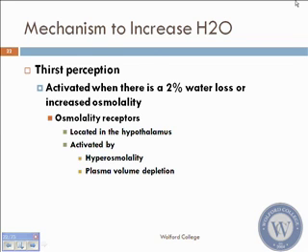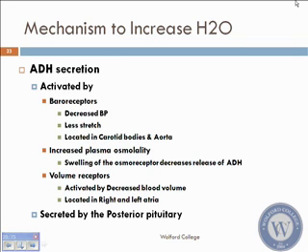These osmolality receptors are found in the hypothalamus, and they're activated by hyperosmolar changes or plasma volume depletion. As for your ADH secretion, it's activated by baroreceptors, as well as by increased plasma osmolality, and there are also volume receptors.